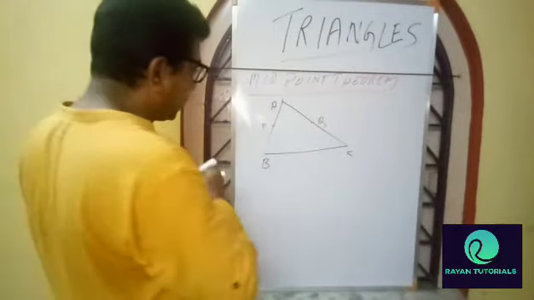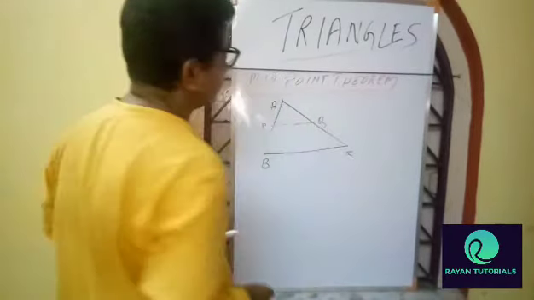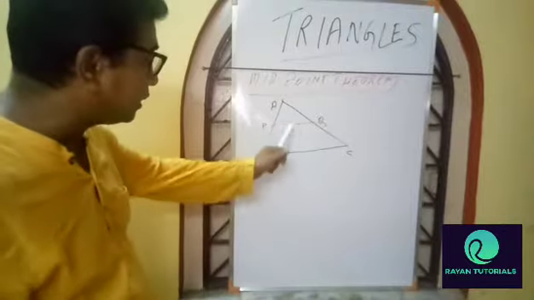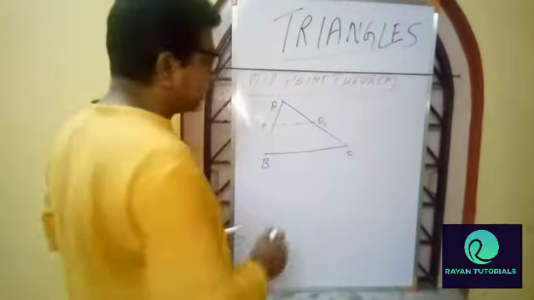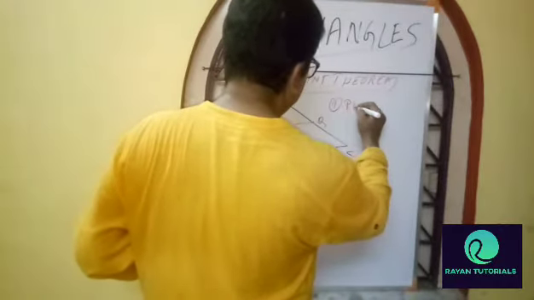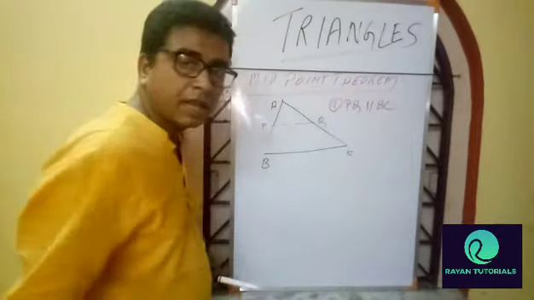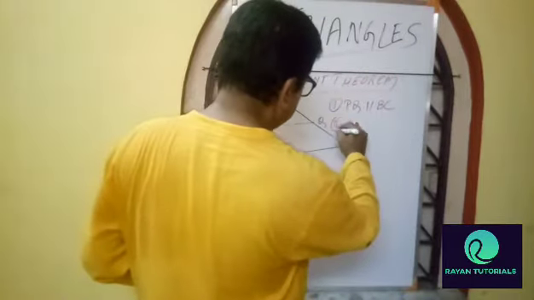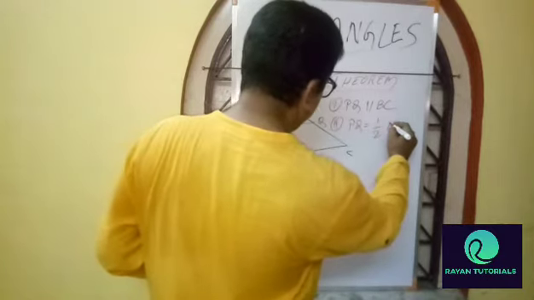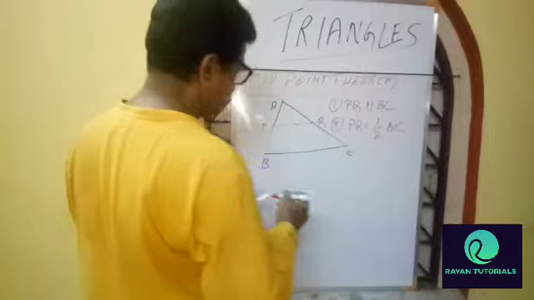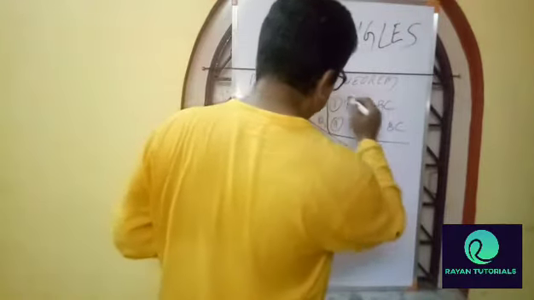Now if I join these two points, then the midpoint theorem states two things. Number one, PQ will be parallel to BC, and PQ is equal to half of BC. So this is the midpoint theorem.